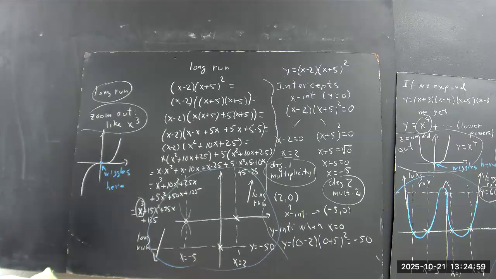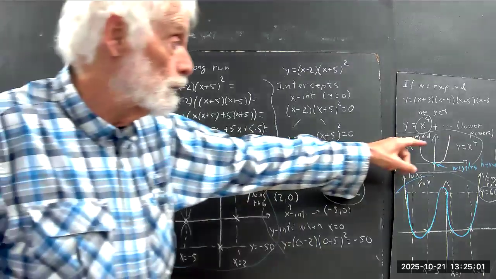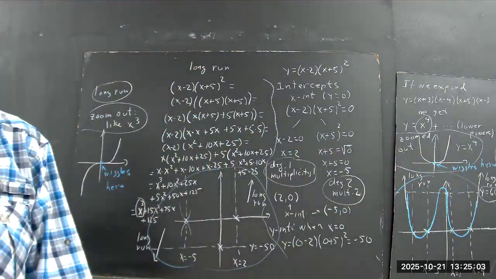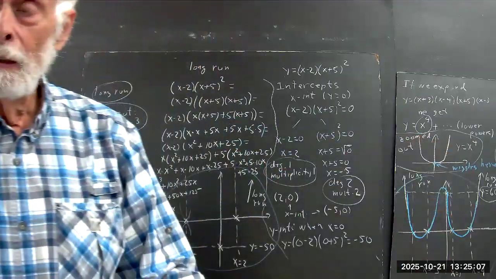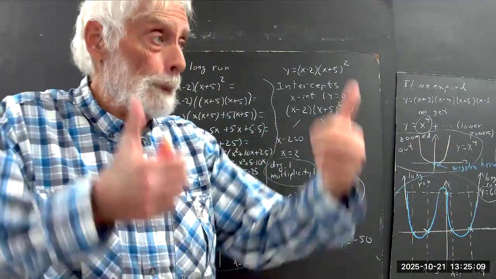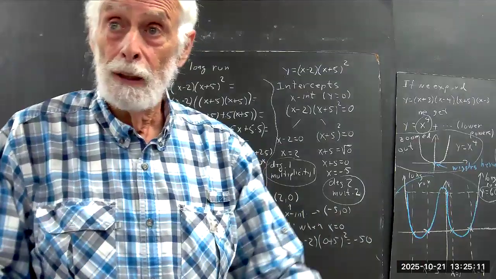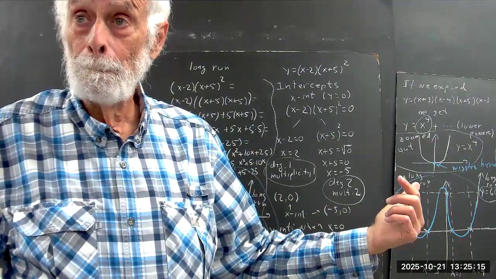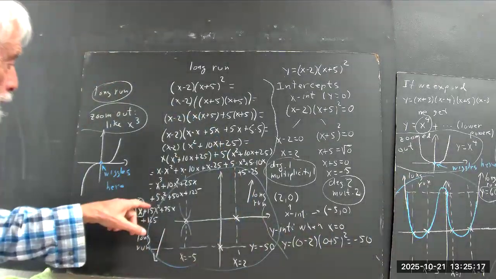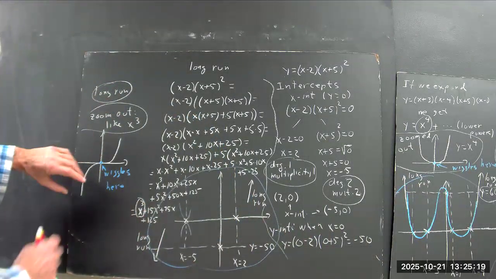If it's an even power, it's going to look like this. The higher the even power, the flatter it's going to get, but it's going to look like this. And your long run is going to be either up on both sides or down on both sides. Like if you had a negative x⁴, okay? And if it was a negative x³, of course, you'd reflect this.